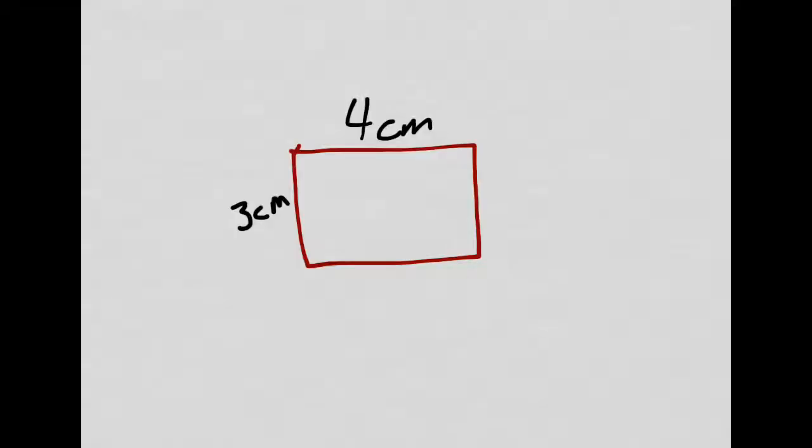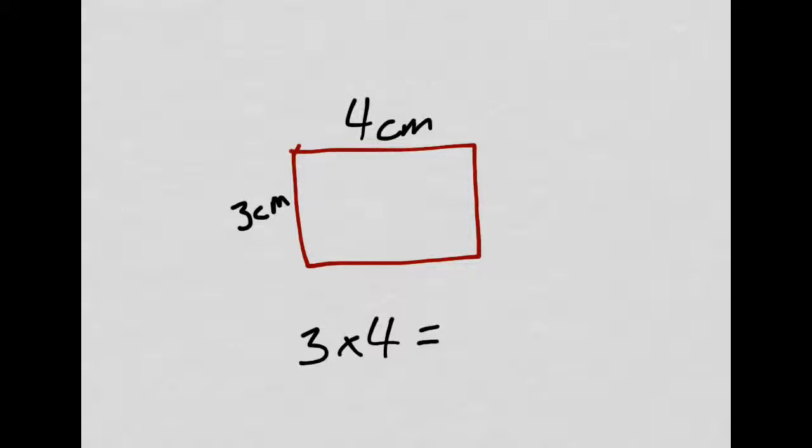I can imagine that it's there. I can imagine that there are 3 centimeter units going up and that there are 4 units in each row. And I know that not because I'm eyeballing it, but because that's what the problem is telling me, that I've created a 3 centimeter by 4 centimeter rectangle. And even though I don't have the grid paper in front of me anymore, I can now use multiplication to solve the problem.